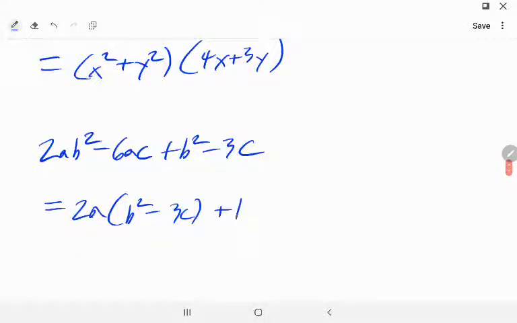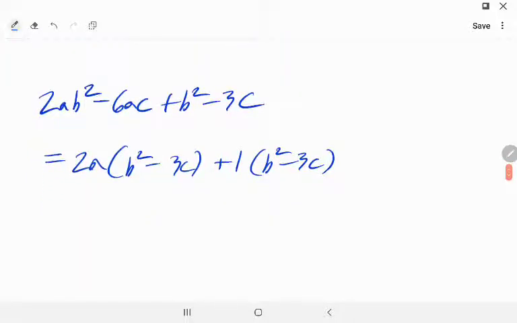And then we can pull out a 1 from the last two terms, and we've got that same b squared minus 3c, and so we get the quantity 2a plus 1 times the quantity b squared minus 3c.